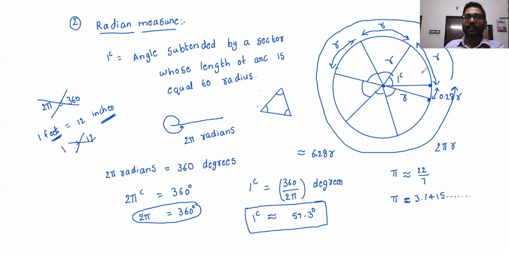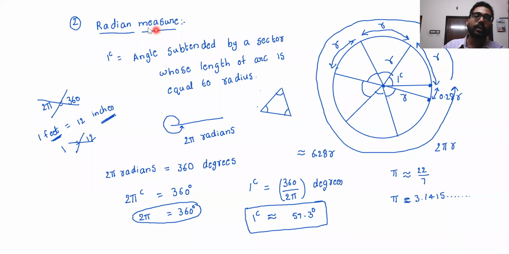So this sector is very close to this triangle, but the only thing is in the sector we have to take this side and curve it up, so then it will slightly reduce the angle at this point. If you curve it up like this, then this angle is going to slightly reduce because this length will decrease.